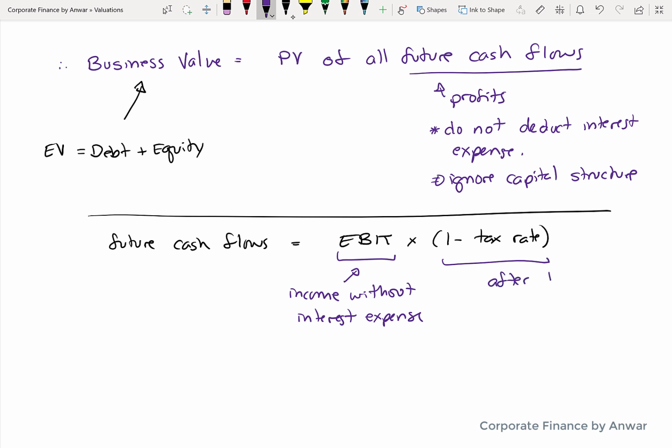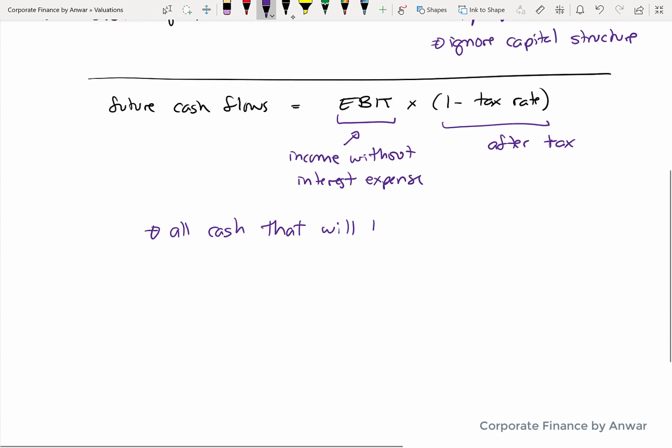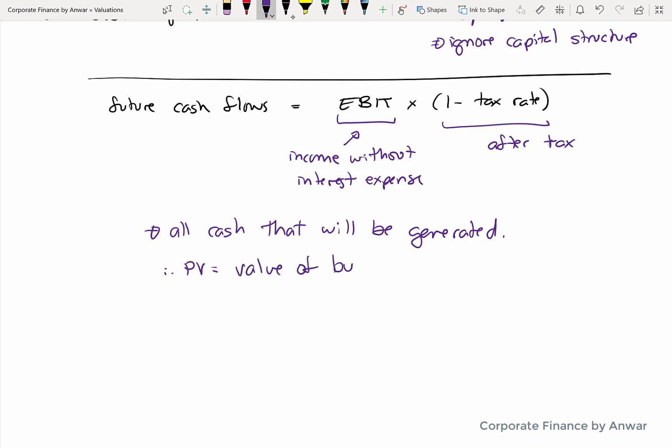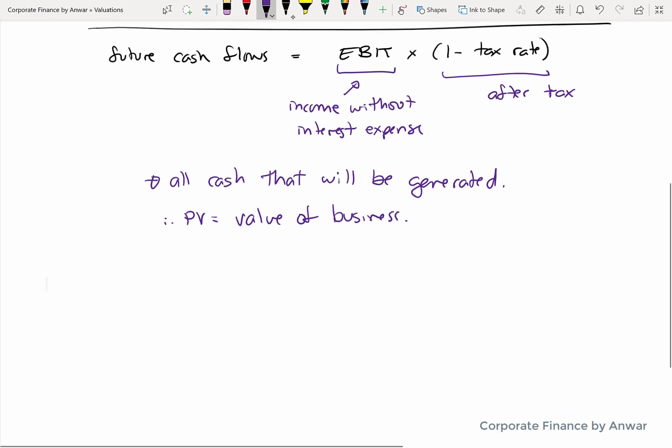And that reflects the cash flows that we want to consider for the business, because we do have to pay taxes. But if we choose not to finance any of it by debt, then basically you don't have to pay any interest. So this is all the cash that will be generated in the future, regardless of the capital structure. So the enterprise value of the company is just going to be the present value of all of these cash flows.